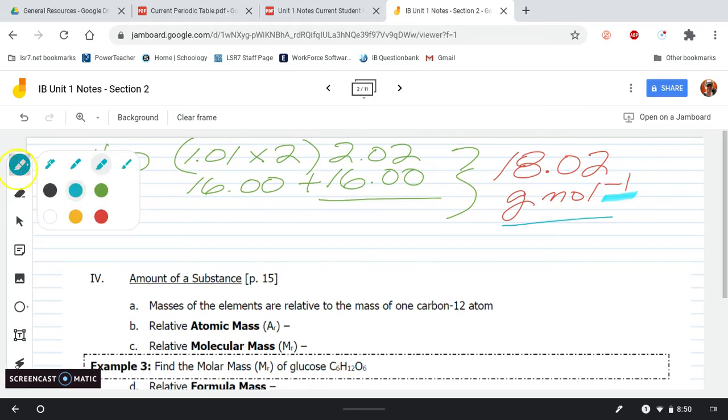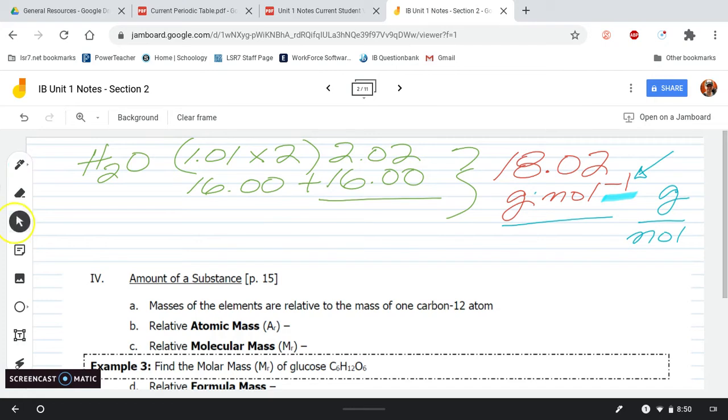So it means grams over moles. That minus 1 just means it's on the bottom of the fraction. There's a little multiplication sign right there, so it's grams times moles minus 1. Anytime you see a negative exponent, it's putting it on the bottom. So grams per mole is just a fractional unit. And density is a fractional unit, so that shouldn't be really weird. It's just a unit.